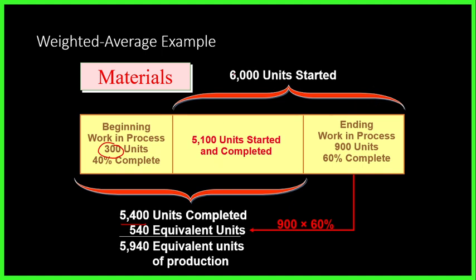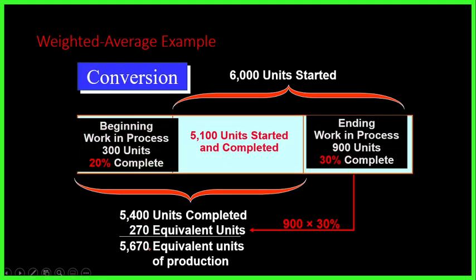And out of 6,000, if 5,100 was completed, 900 will be your ending inventory. Okay po? Ayan, so you have 54 plus 540, what is completed at the end of the period. Yung equivalent units niya, you now have your total equivalent units of production.